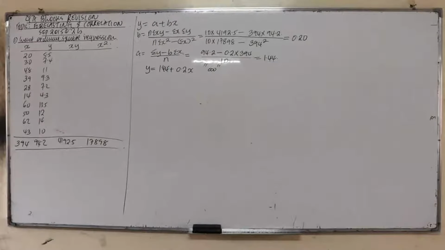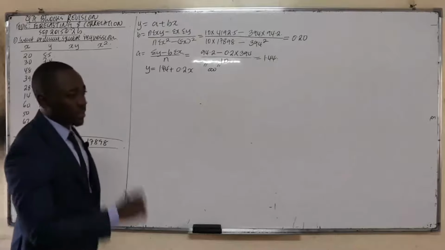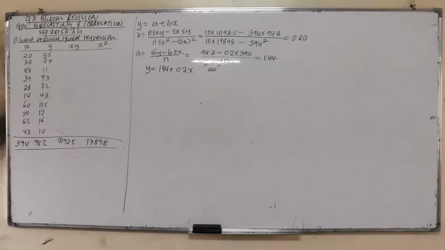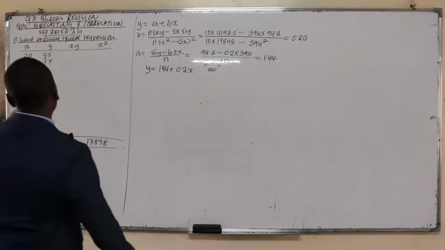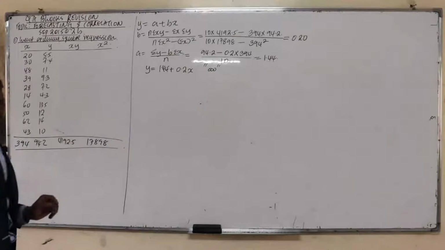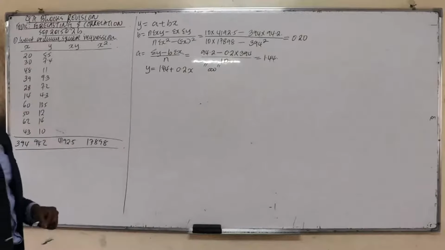What if you are told to determine the correlation coefficient, not the Spearman? Part 2 of the question wanted the rank correlation coefficient. For the rank, you just take x, rank it, rank y, and get d squared. This one is not part of the requirement.